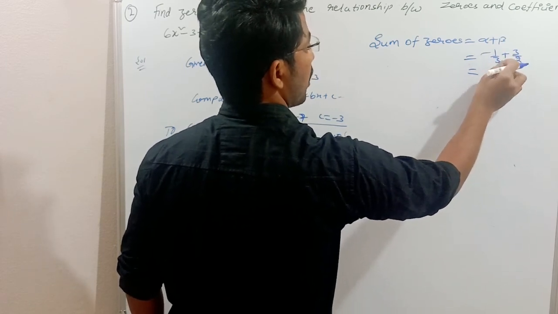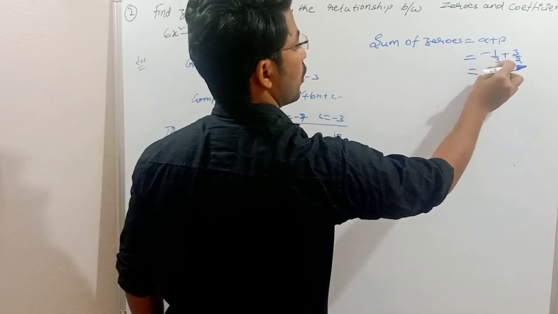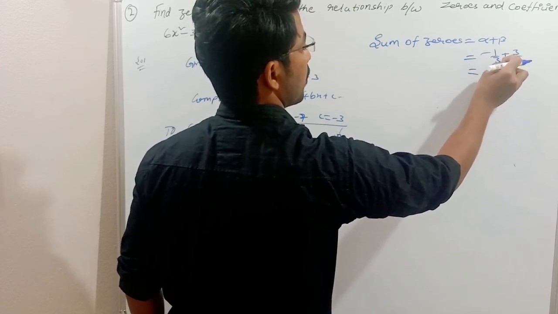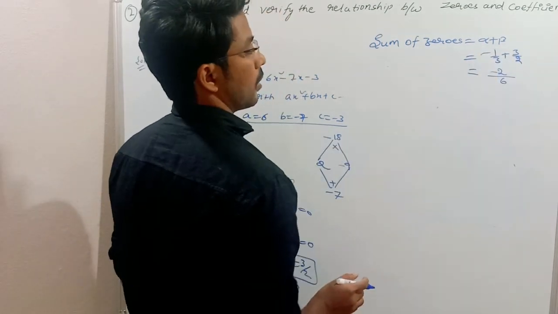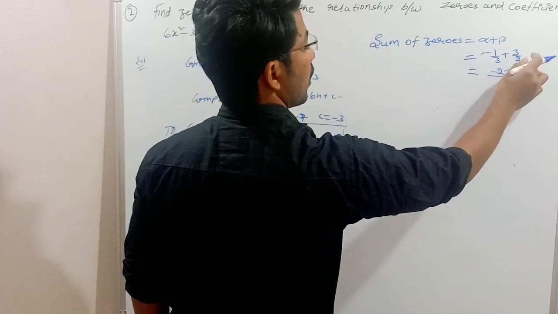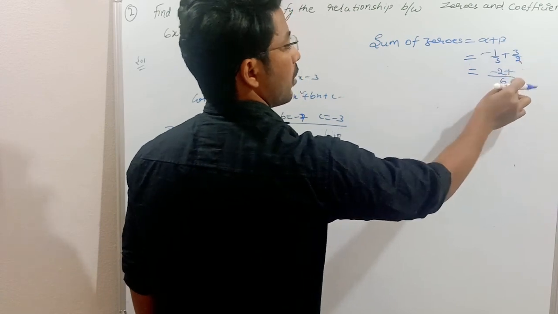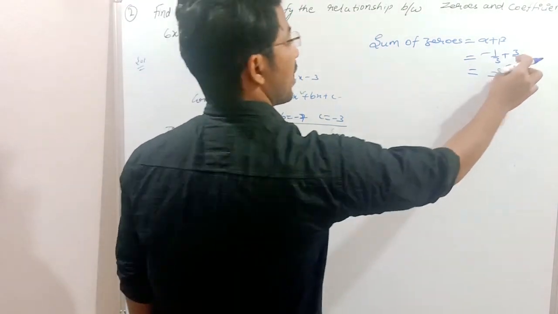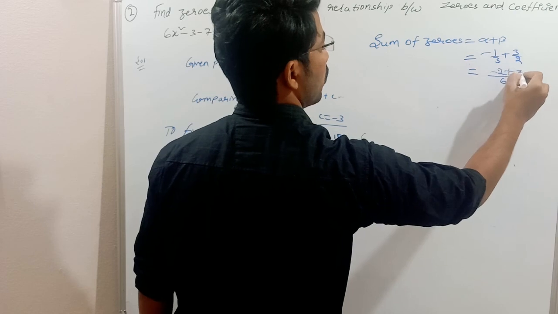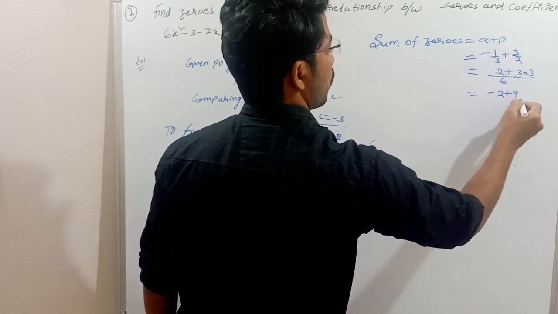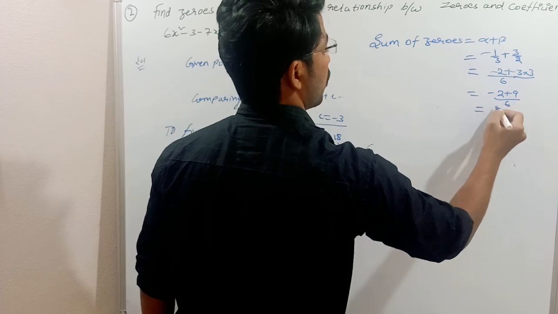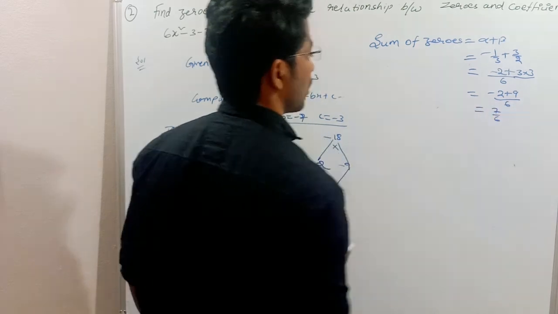So with what number should we multiply in order to get 6 here? 2. So multiply and divide, minus 1 into 2 by 2. So minus 2 we get here. Plus here it should be multiplied with 3. Then only we will get denominator 6. So multiply with 3, 3 into 3. Minus 2 plus 9 by 6 is equal to 9 minus 2, 7 by 6.